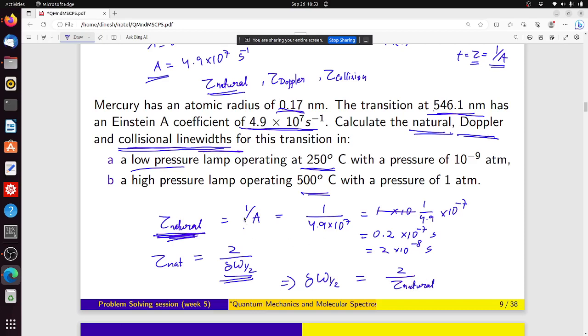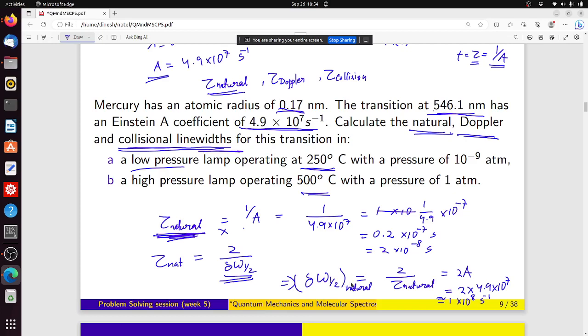Tau natural is nothing but 1 over A, so it is 2A. This is very simple, no need to calculate actually. So this will be 4.9 times 10 to the power 7, so approximately 1 times 10 to the power 8 second inverse. This is for the natural line width.